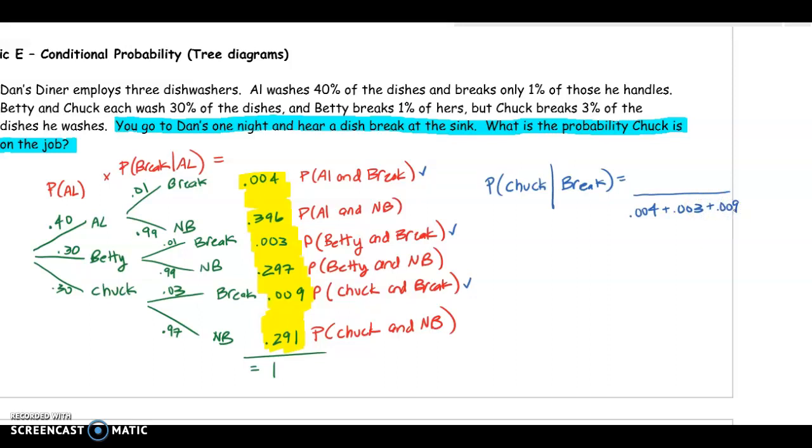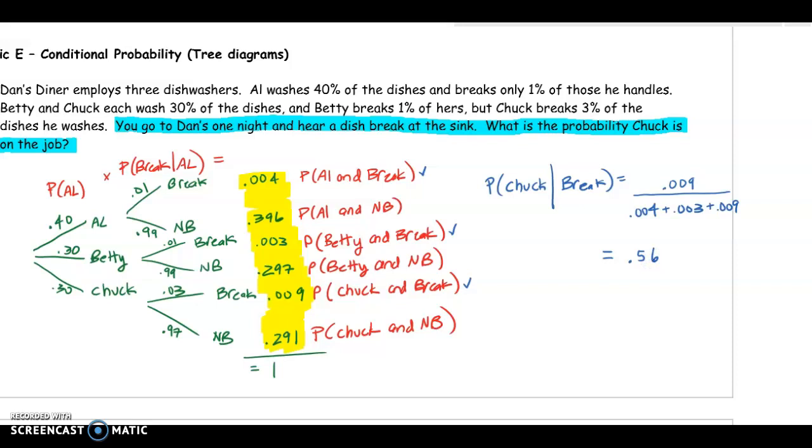Now, out of only these three situations, which one was Chuck washing the dishes? That happened down here at the 0.009. And so our final answer here is 0.56.